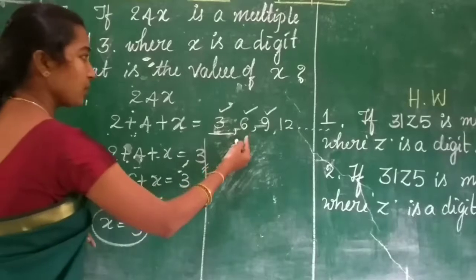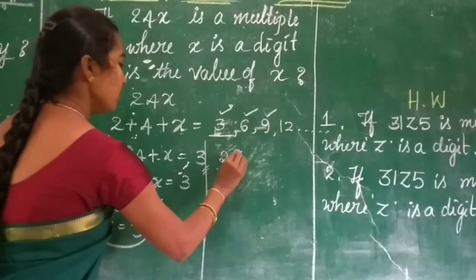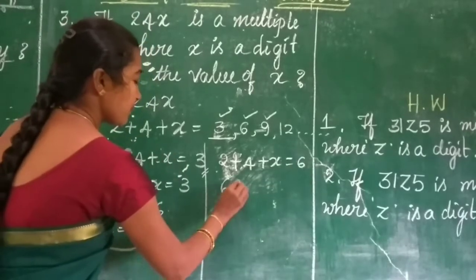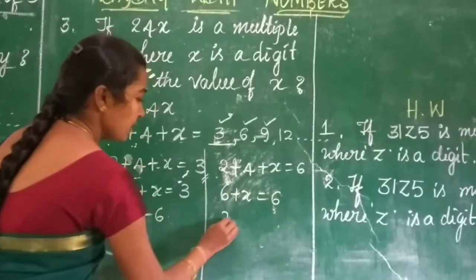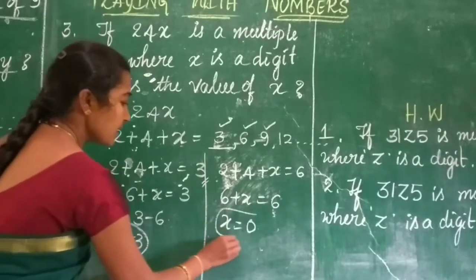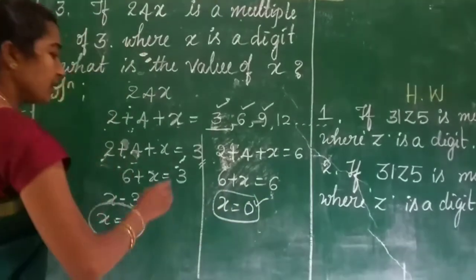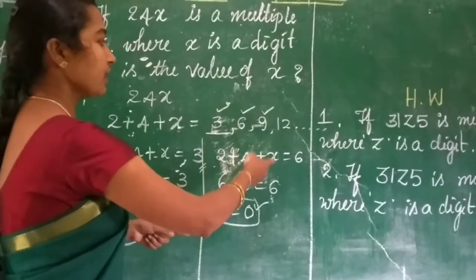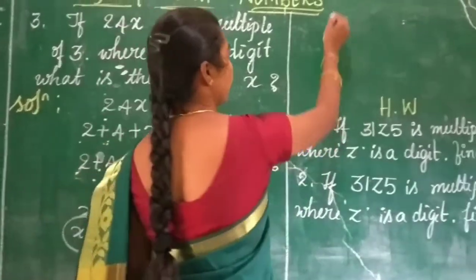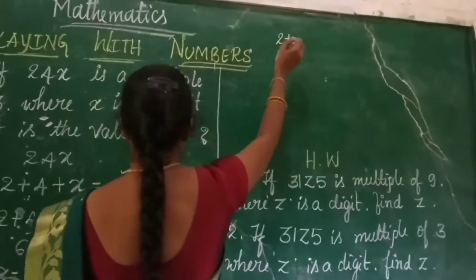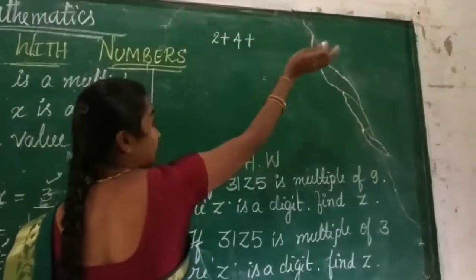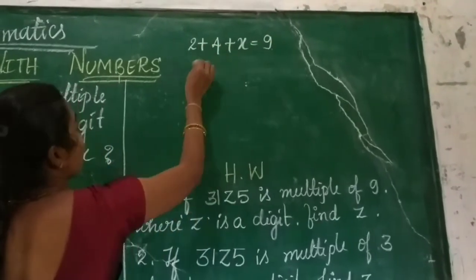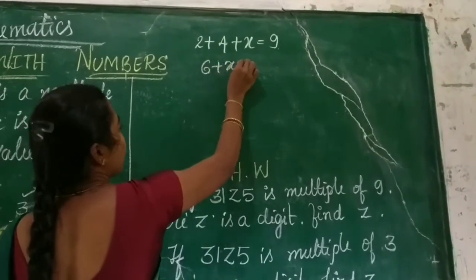Now let us check 6. 2 plus 4 plus x is equal to 6. 6 plus x is equal to 6. Now the x value is 0. So one of the x values is 0. Now take the sum as 9. 2 plus 4 plus x is equal to 9. 2 plus 4 is 6, plus x is equal to 9.